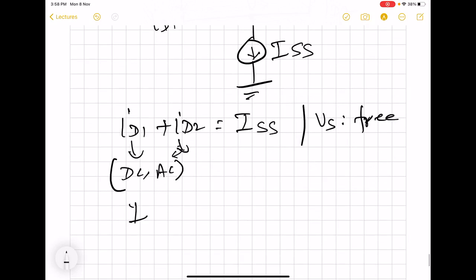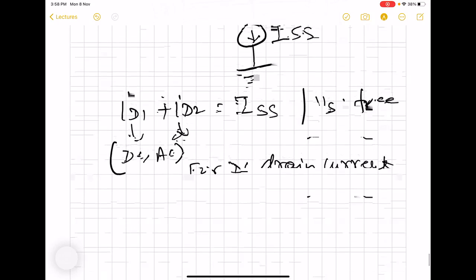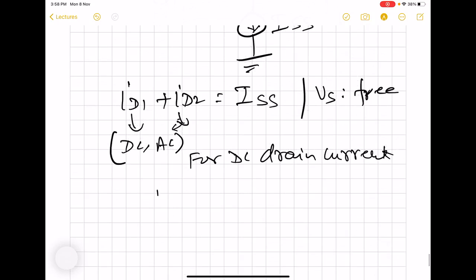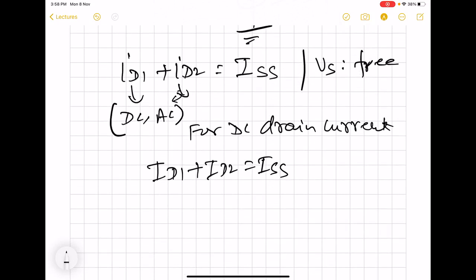So for the DC drain current, what we will have is ID1 plus ID2 is equal to ISS, and they are going to be identical.